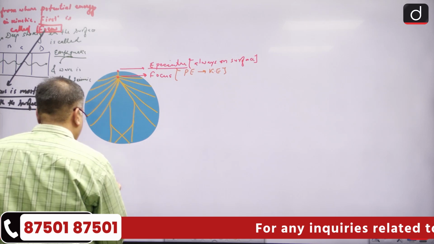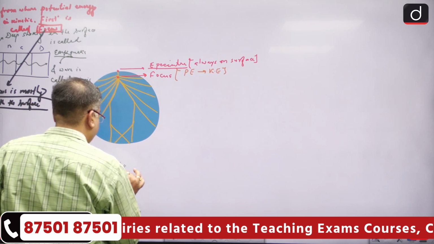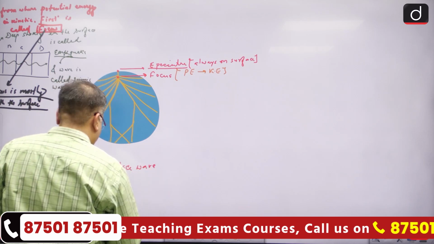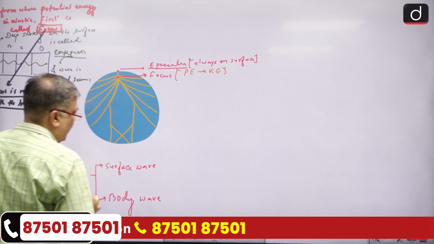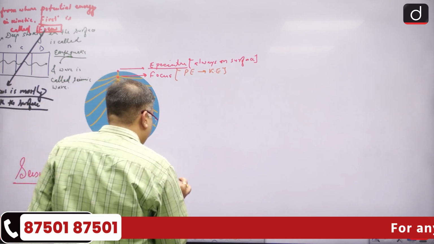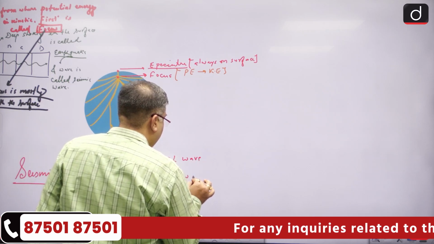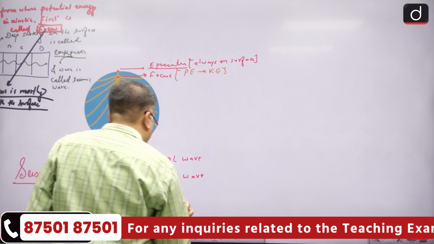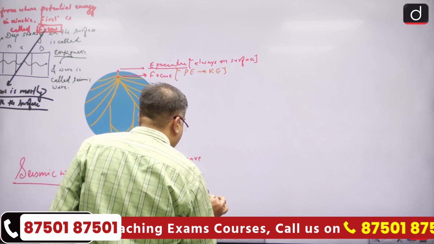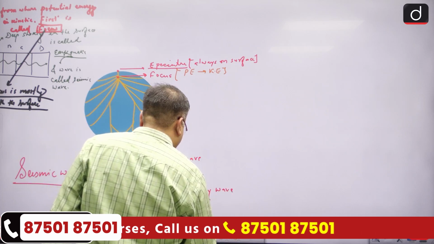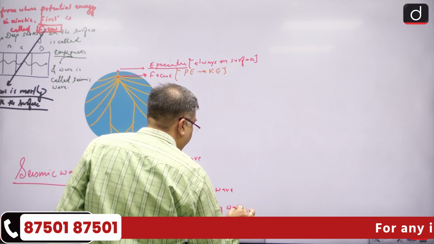The seismic wave flows in the form of two waves. One is called surface wave and the other is called body wave. Surface wave is of two types, the L wave and the R wave, and the body wave is of two types, primary wave and secondary wave.